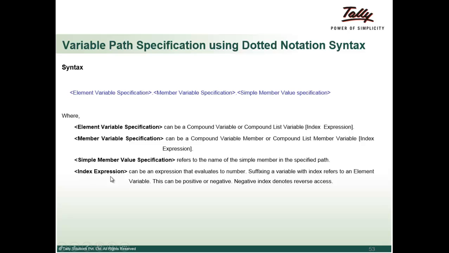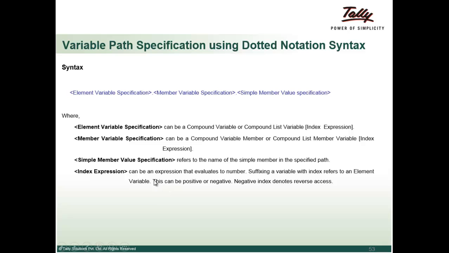Then we have the index expression. This can be an expression that evaluates to a number. Suffixing a variable with index refers to an element variable. So that is what I was speaking about. If you're writing a compound list variable, we need to tell which element of the list variable we are accessing.